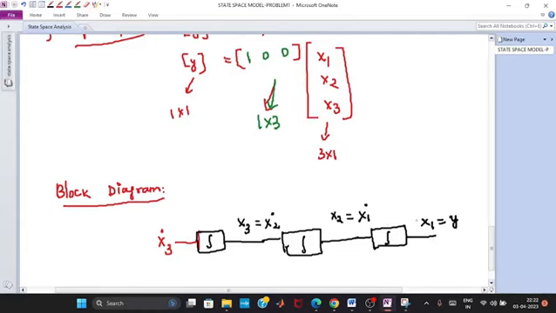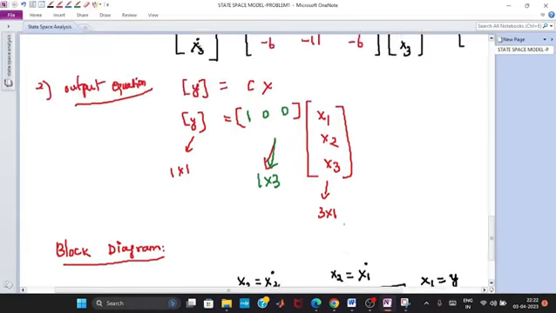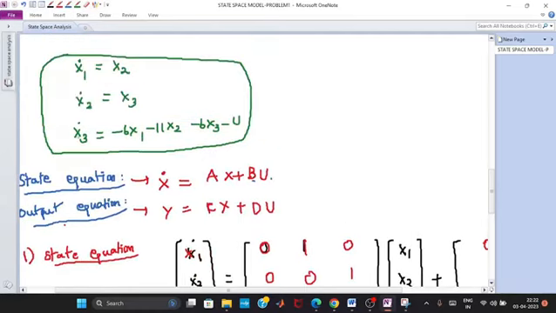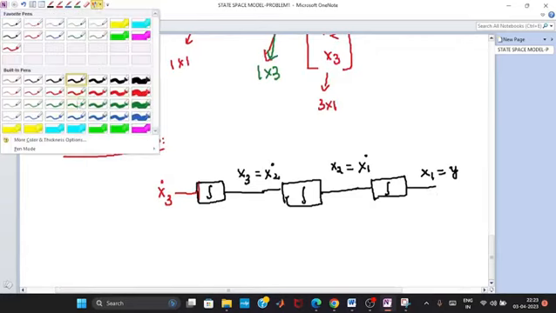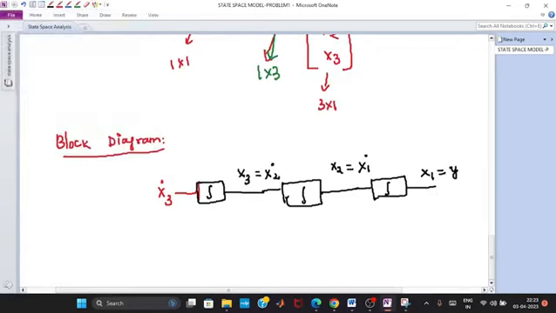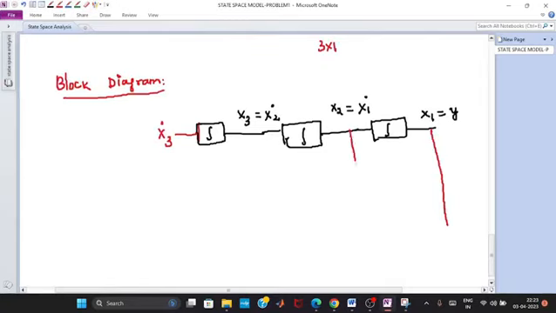After that we have to consider the equation. Now what is the equation? x3 dash equal to minus 6x1 minus 11x2 minus 6x3. So what you have to do is take a lead over x1, a lead over x2, and a lead over x3, and multiply the values.